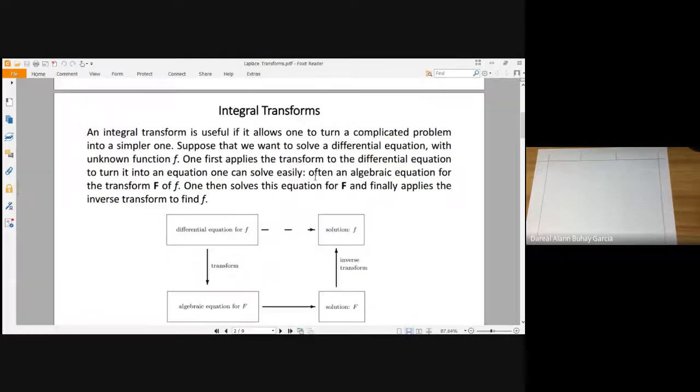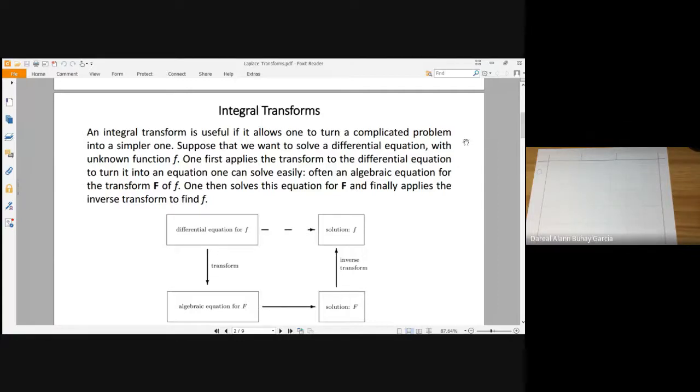Okay. So Laplace transforms fall under the general category of integral transforms. An integral transform is useful if it allows one to turn a complicated problem into a simpler one.